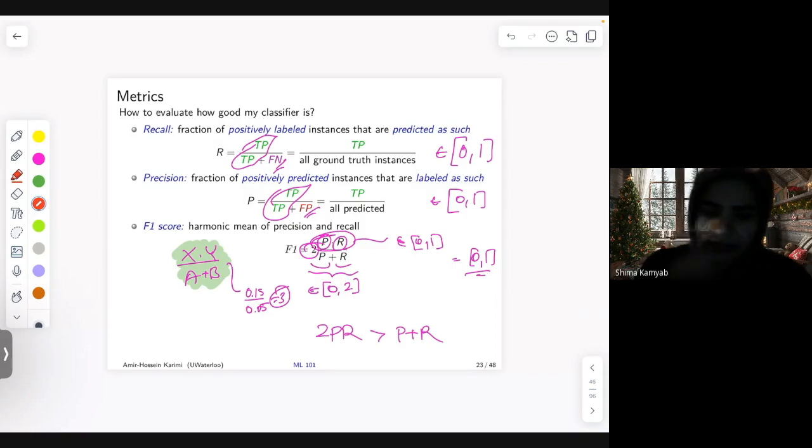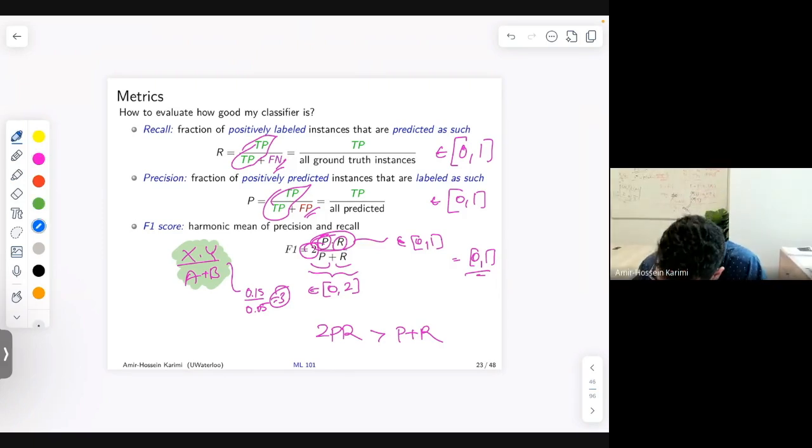True positive is 3, and false negative is 2. And we have no false positive. So true positive will be more than false positive plus false negative.